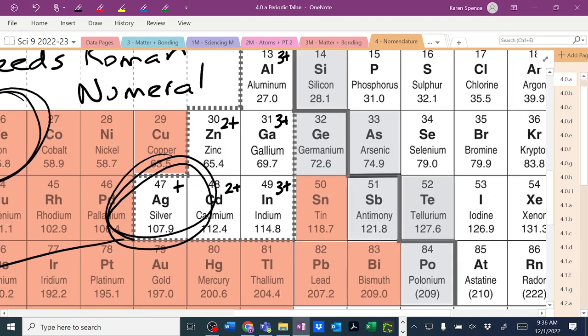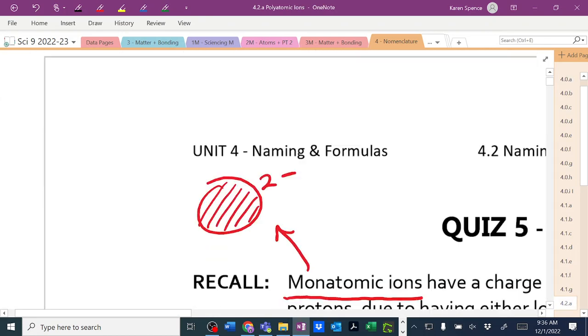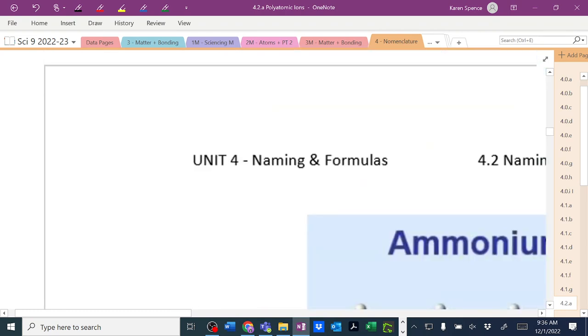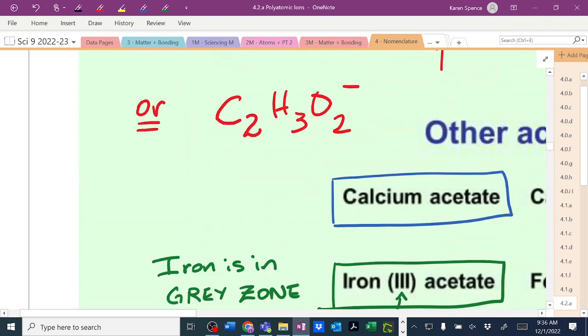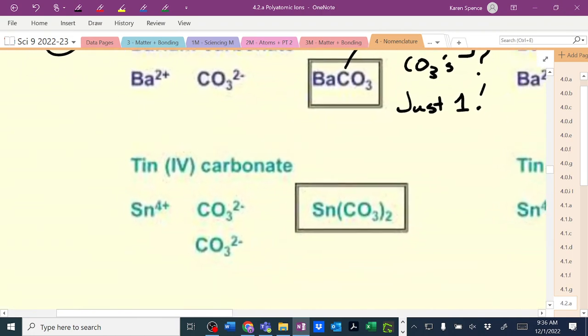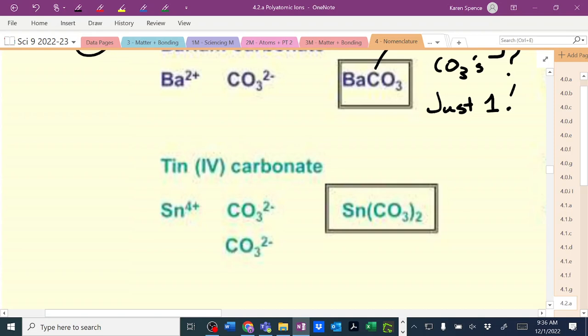It's over here in the gray zone. We don't know what its charge is. Or do we? Do we know what the charge of tin is? We know that the charge of tin is 4.